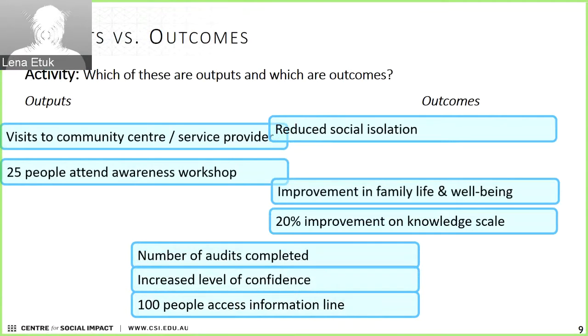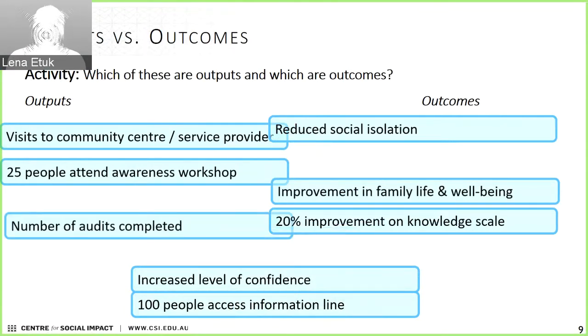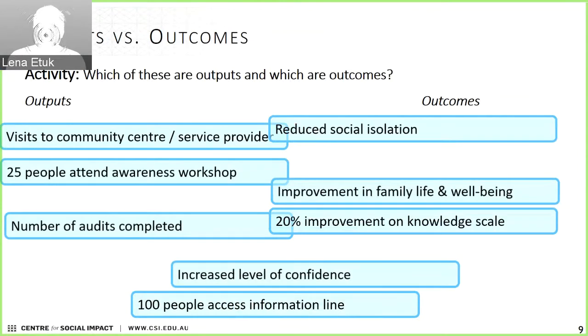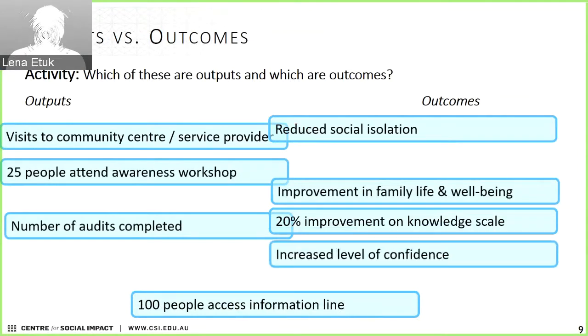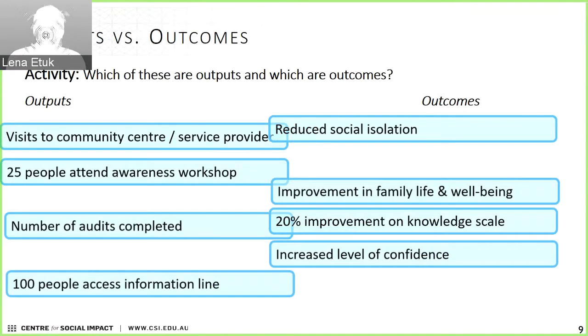Output or outcome? Output. Increased level of confidence. Output or outcome? Outcome. And 100 people access an information line. Output or outcome? That's an output. Hopefully you got that right as well as you were following along.